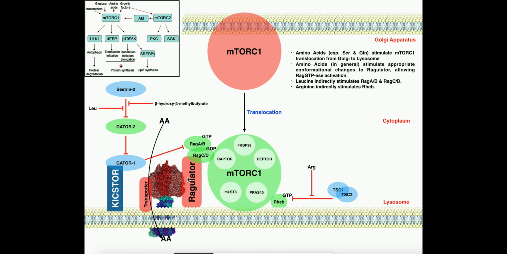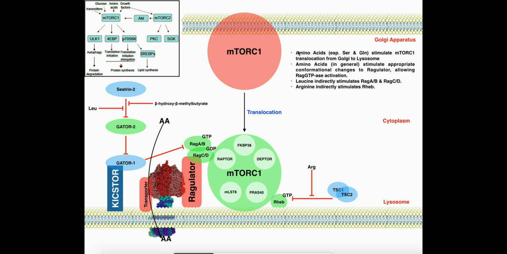They're going to sense the levels of amino acids in the skeletal muscle cell. If there are sufficient amino acids, you're going to induce muscle protein synthesis, meaning activate mTORC1. If there are not enough amino acids, then mTORC1 doesn't need to be active, so it's going to remain bound to the Golgi apparatus, okay, where there are some other proteins over here that keep it inactive.